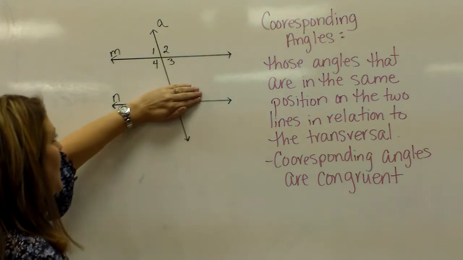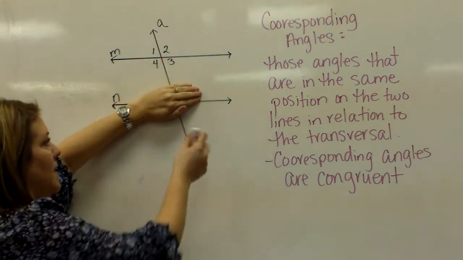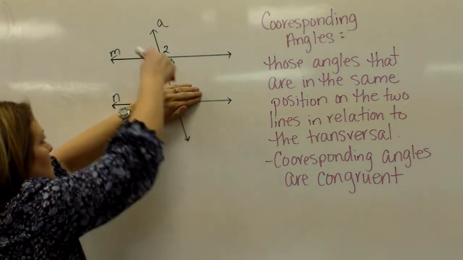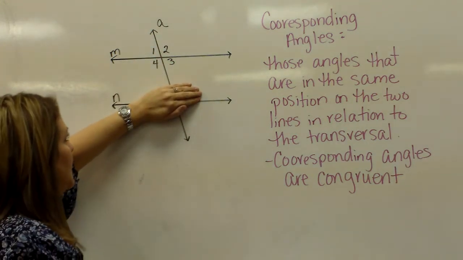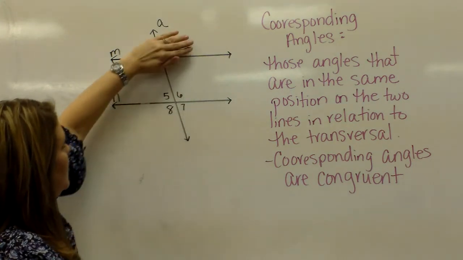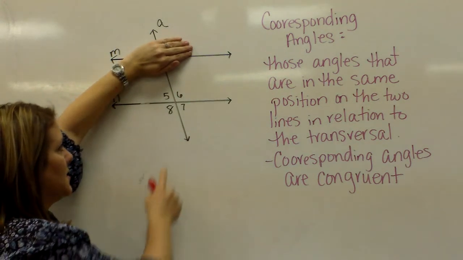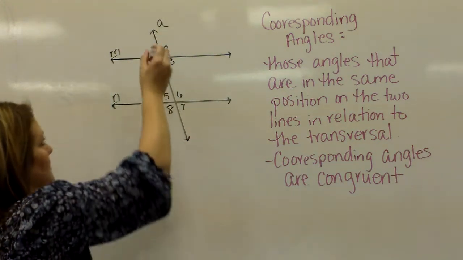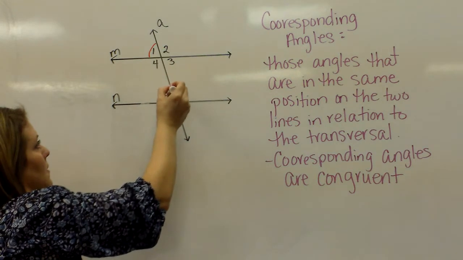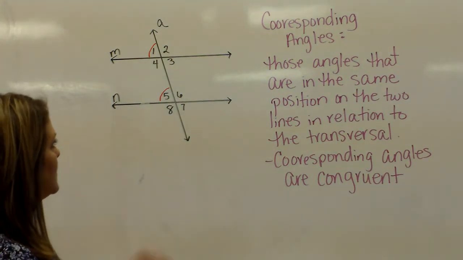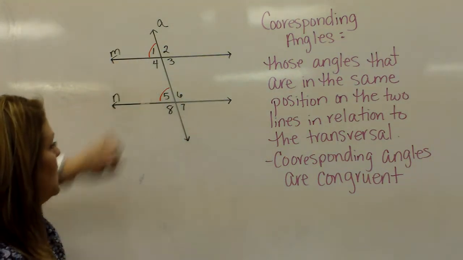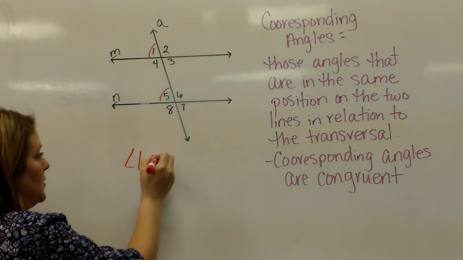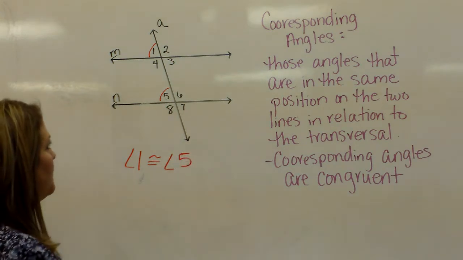So we're going to be looking at 1, 2, 3, and 4, and then their corresponding angles on the other parallel line. So let's look at the position of angle 1. It's at the top left. So when we look at the second set, the top left is angle 5. Those are in the same position on those parallel lines, the top left angles. So that means that angle 1 is going to be congruent to angle 5.